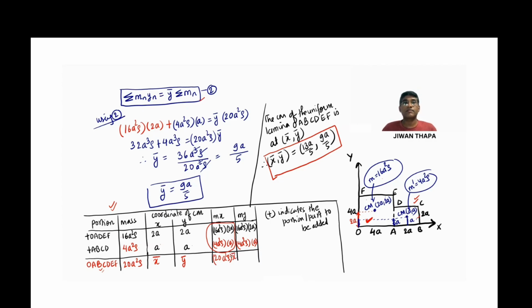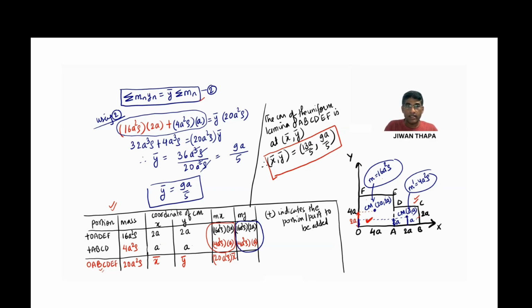Now, when we add these two terms, okay, we need to add, because we are adding portion O, A, D, E, F and portion A, B, C, D to get the composite lamina, that is the total lamina, okay.